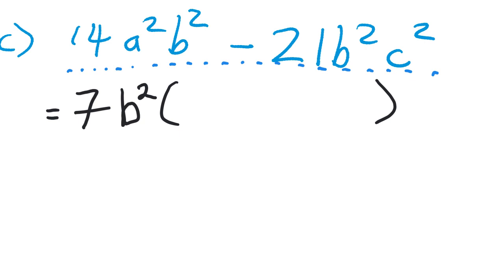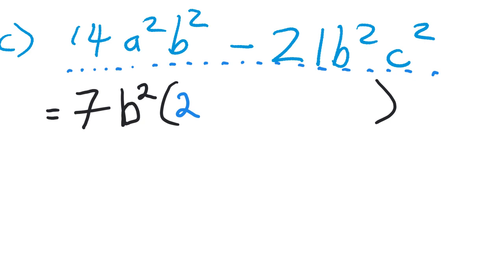Now that I've done that, we got to take our 14. So we look at our first term, and we say 14 divided by 7 gives us 2. All right? And now we look at the a squared, and we're going to divide it out. Oh boy, guess what?